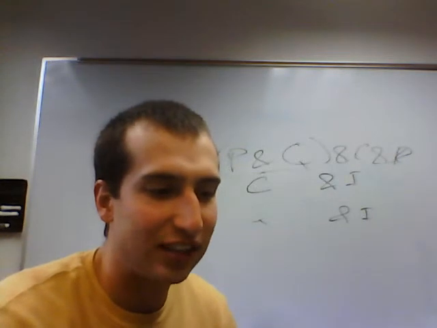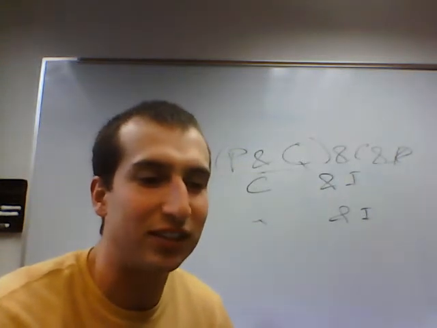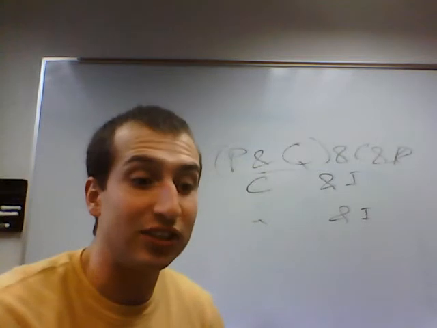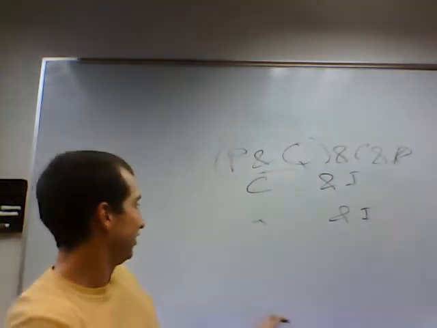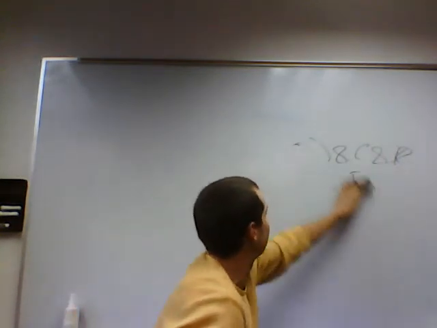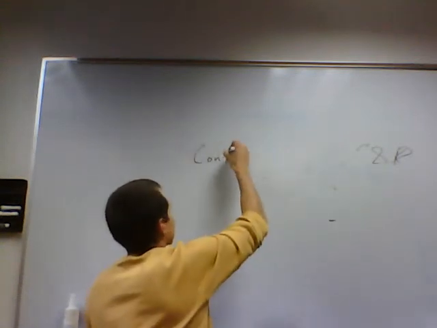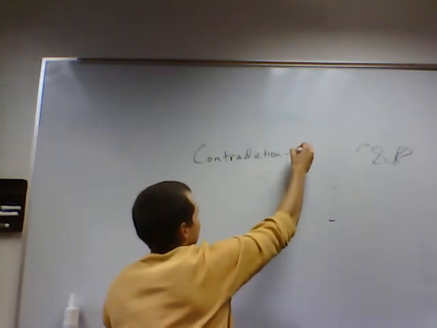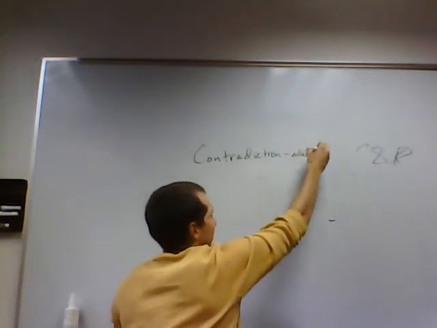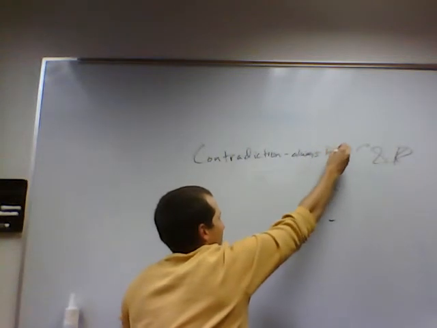And so the next sort of thing that Blackburn addresses is contradictions and tautologies. So contradictions are things that are necessarily false. Like always false.